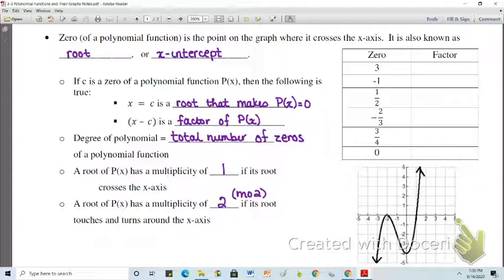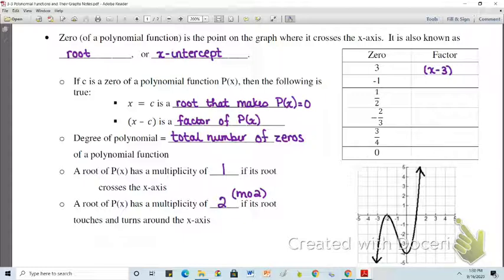So let's look at our chart. We need to be able to go between zero and factor in this unit, and we need to do it very seamlessly. So we're going to review some things. If I have a zero at 3, that means I have a factor of x minus 3.